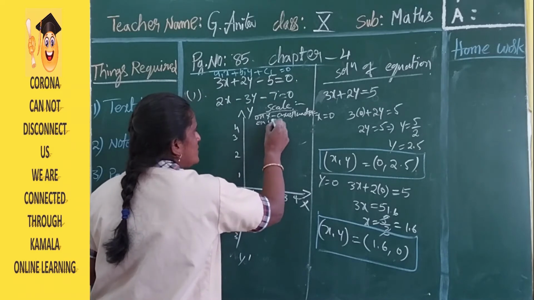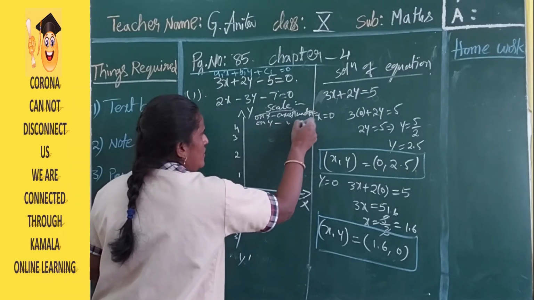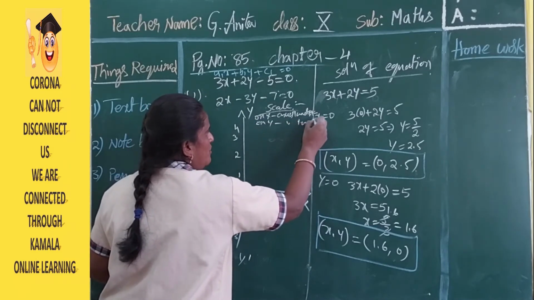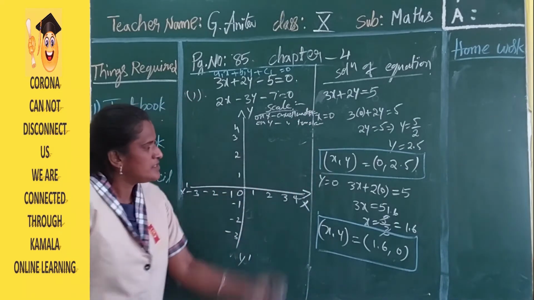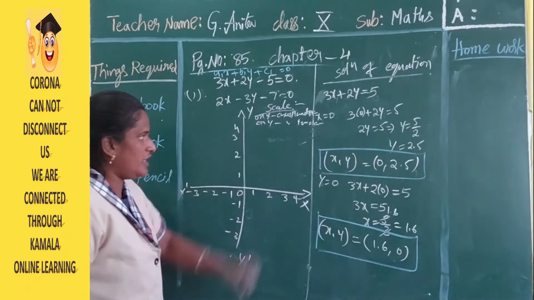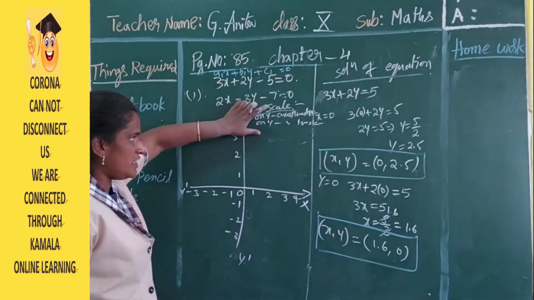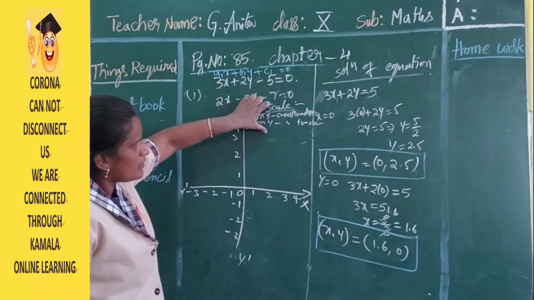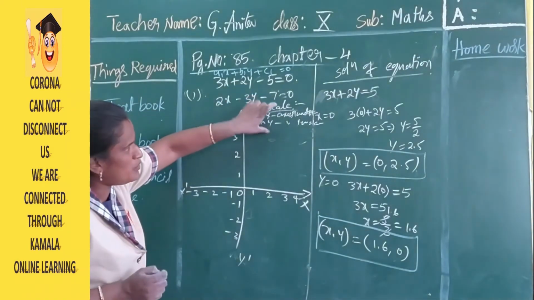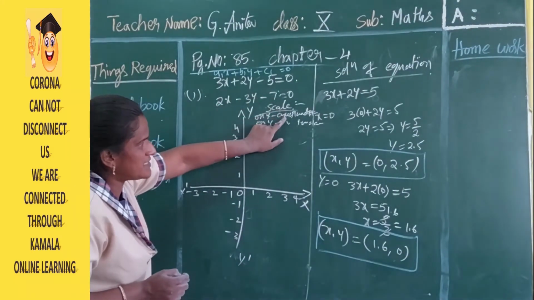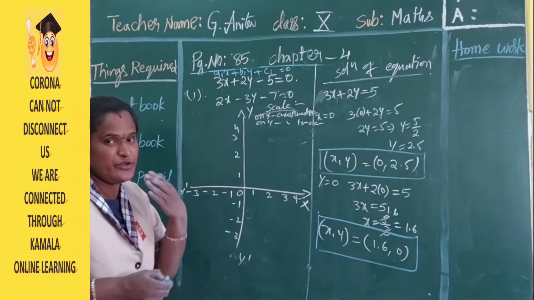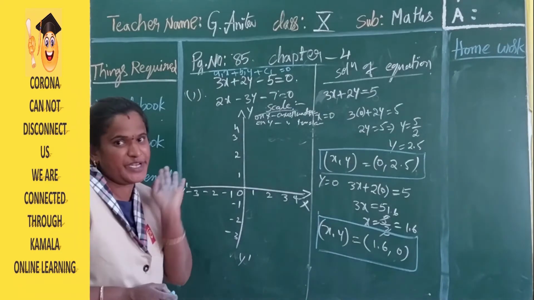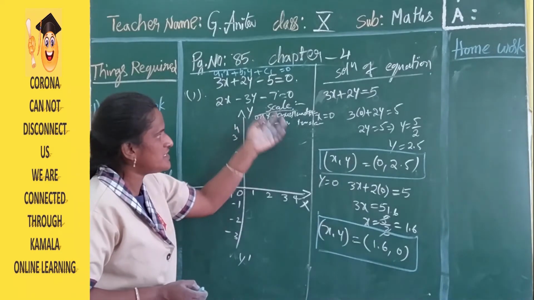On the y-axis also, we are choosing 1 unit is equal to 1 centimeter. This is usually given for 1 mark. So the most important thing is you have to write the scale. Scale means how many units we consider for how many centimeters.